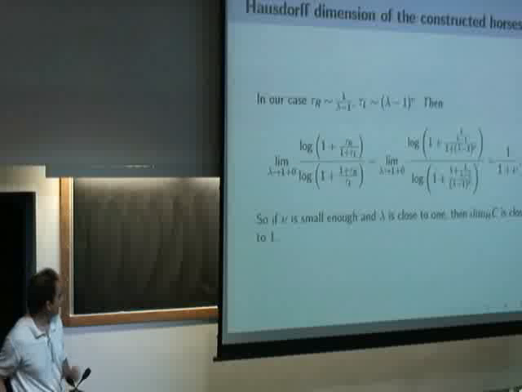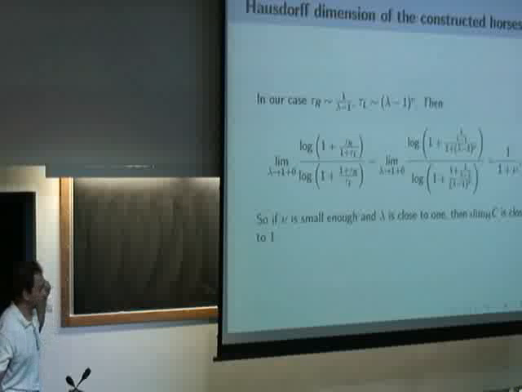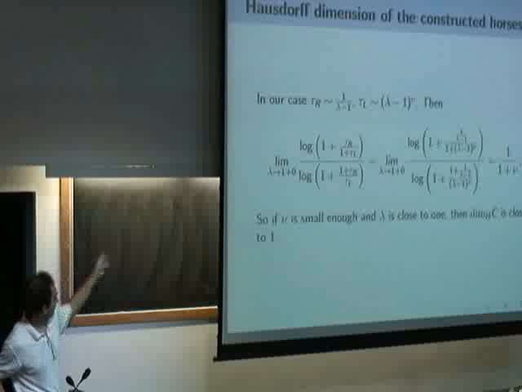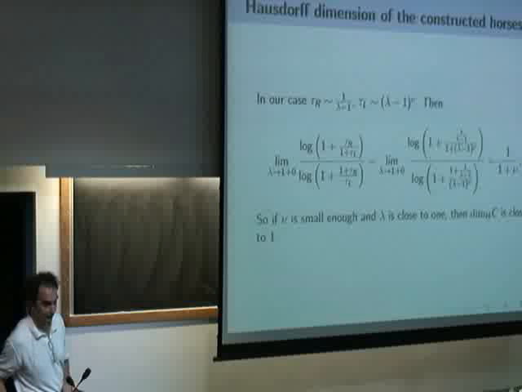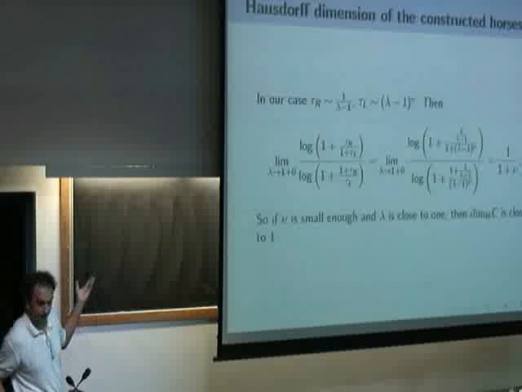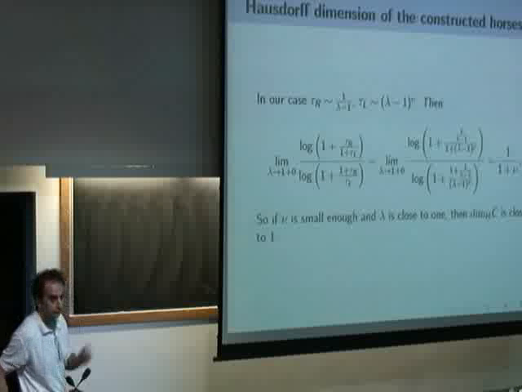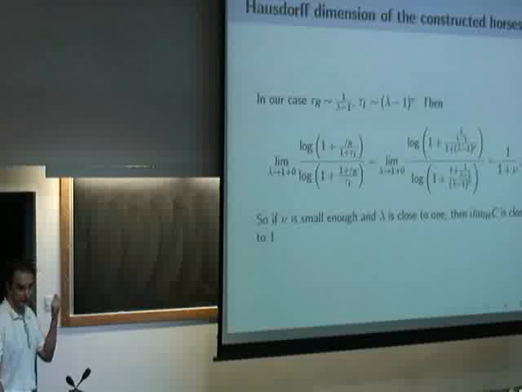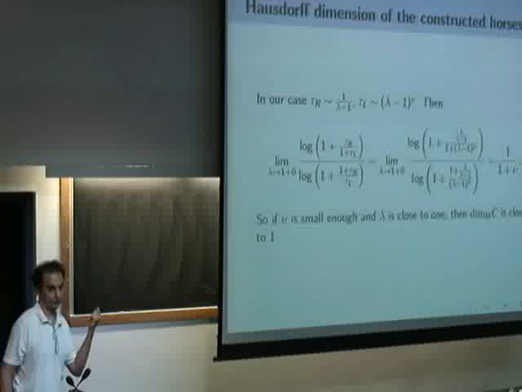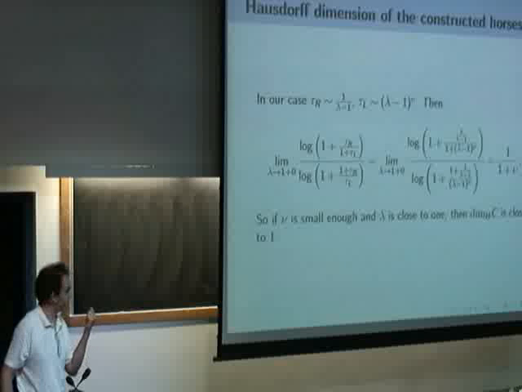And in our case, in terms of that parameter that I mentioned, which is slightly larger than 1, the right thickness is of order 1 over lambda minus 1, which is very large. And the left thickness is of order lambda minus 1 to the power nu, where nu is some positive number, which is the parameter of the construction. You can choose it as close to 0 as you want.